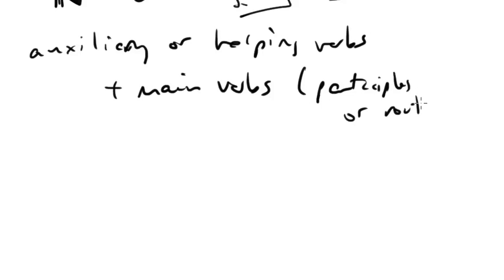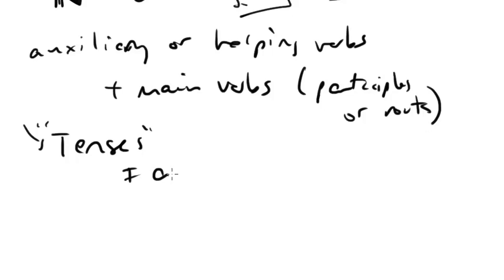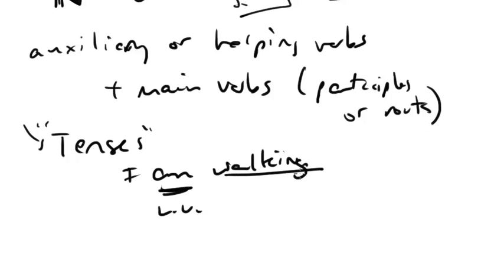I'll show you examples of both. Auxiliary or helping verbs go with the main verbs to show different kinds of moods or show time. One example, as we've seen, would be the compound tenses. So, I am walking would be present continuous or present progressive, right? Here is my auxiliary verb in this case, and here is my present participle.